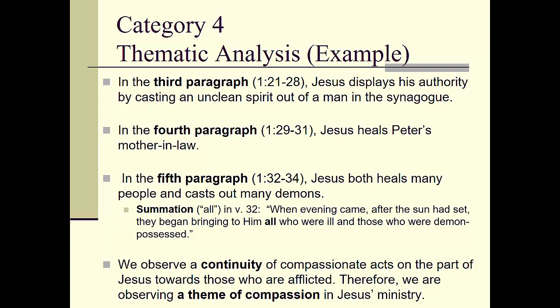Be on the lookout for that. Summation can alert us to something reaching a higher level. It's a simple sort of observation that can be very, very significant, very informative. To wrap this up then, it's category 4. It's a theme analysis. The theme is compassion, and we see it recurring, so it's continuity of the theme of compassion.